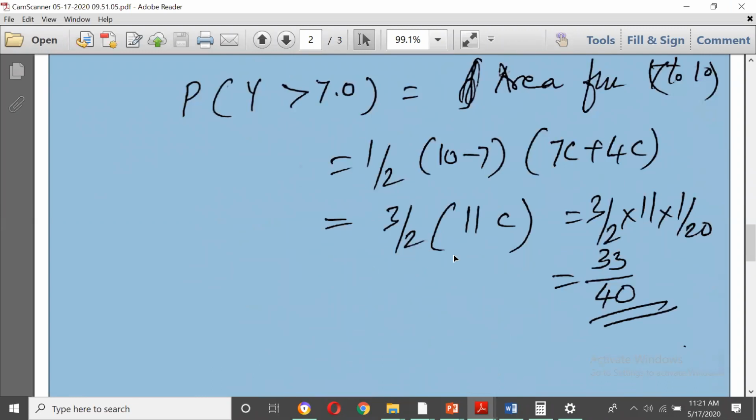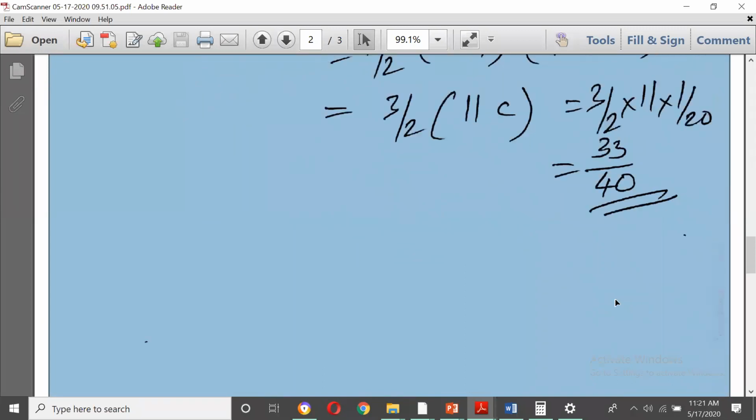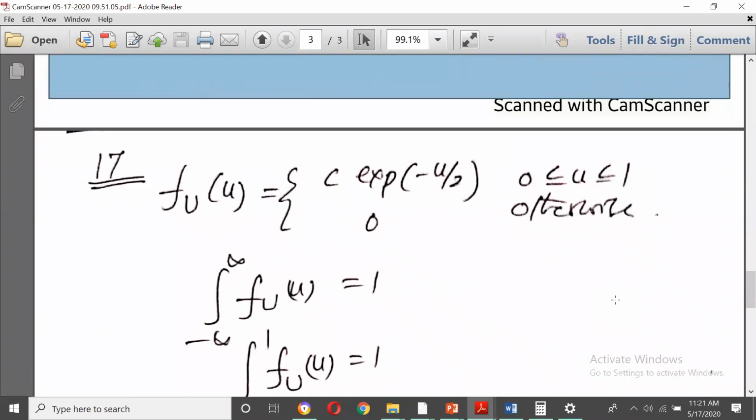So we'll get half into 10 minus 7 into 11c, and the value of c also should be substituted. 3 by 2 into 11 into 1 by 20, that will give us 33 by 40. Similarly, you can find 17 also.